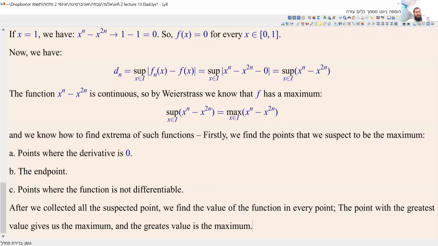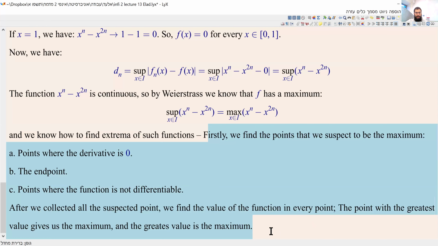So all this paragraph, starting with the firstly, isn't necessarily connected to uniform convergence or sequences of functions. It is a known technical process. How do we find the extrema of a continuous function? And usually it's differentiable, like we are used to from school, finding the extrema, maximum and minimum.